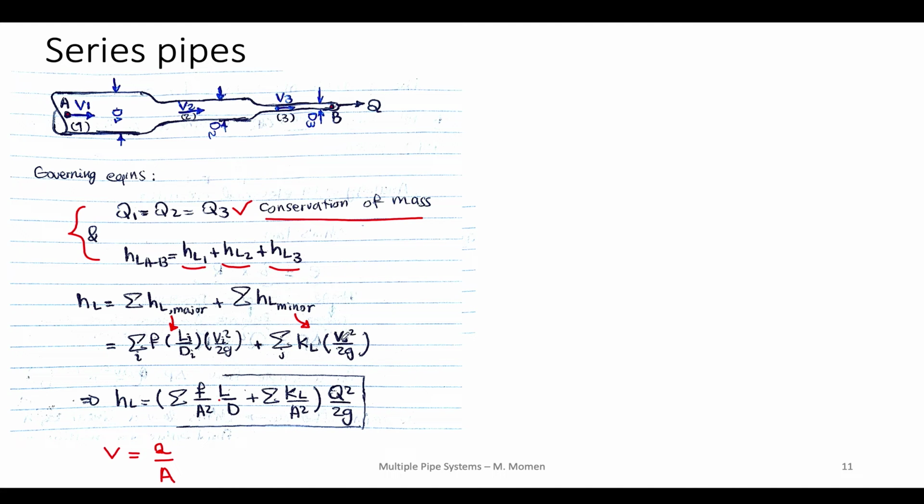So instead of V, I just wrote down Q over A, and this will be the total head loss in a series pipe system. Okay, so this is one equation that you can use for finding the head loss in a series pipe system.